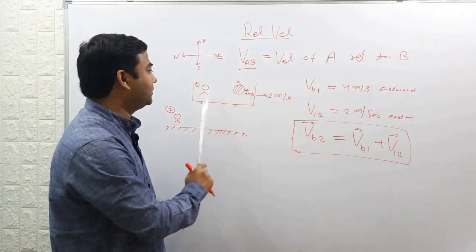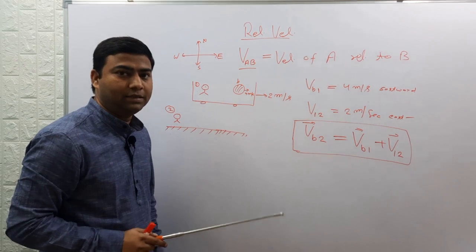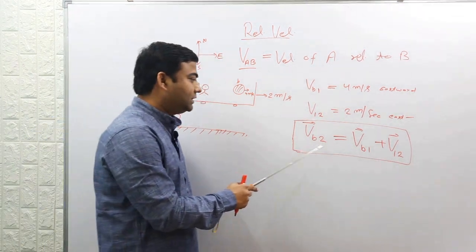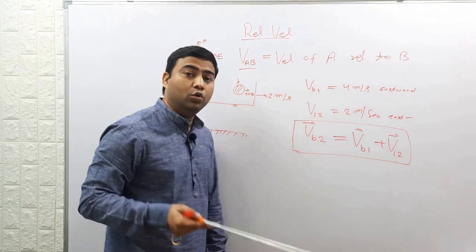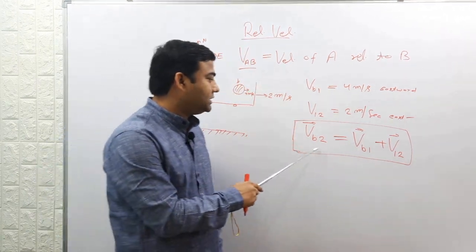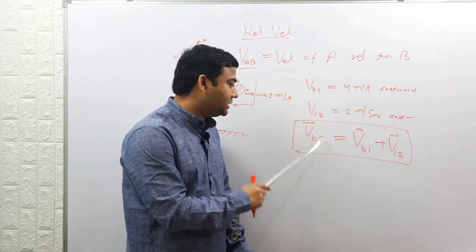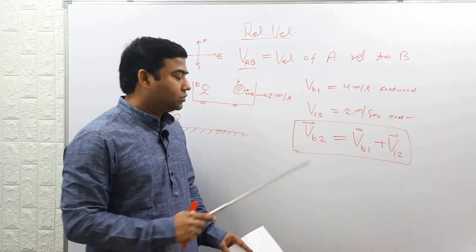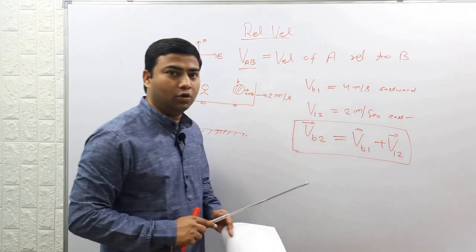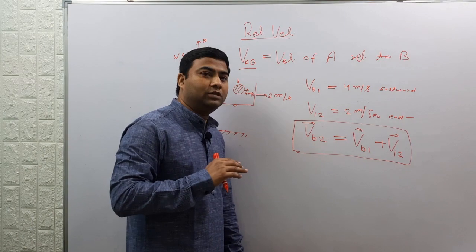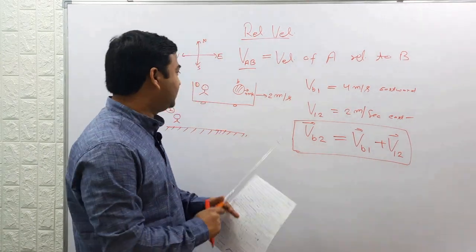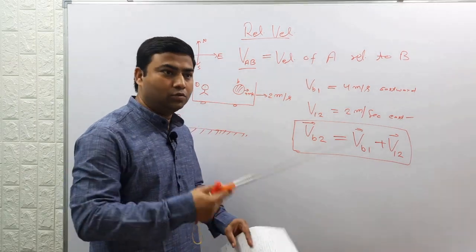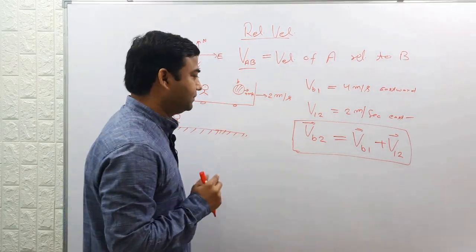Here we have taken collinear vectors in the eastward direction for simplicity. But this relative velocity addition rule holds true for velocities in any direction. We found it for one direction only, so that it can be understood easily.